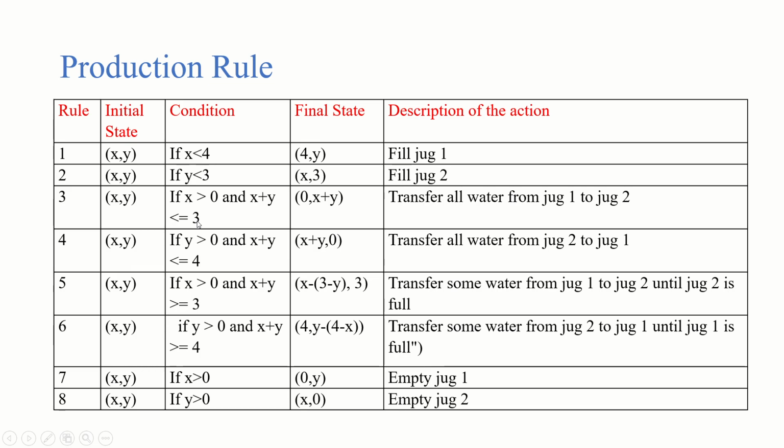or equal to 3. Next, rule number 4: transfer all the water from jug 2 to jug 1. All the water y can be transferred here, so x plus y comma 0. For that you write the condition as y greater than 0 and x plus y less than or equal to 4.